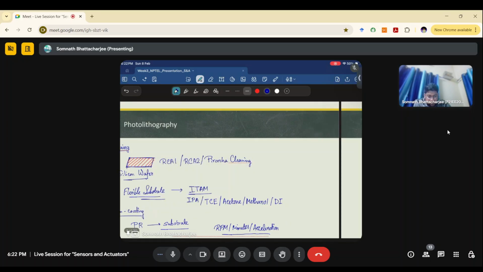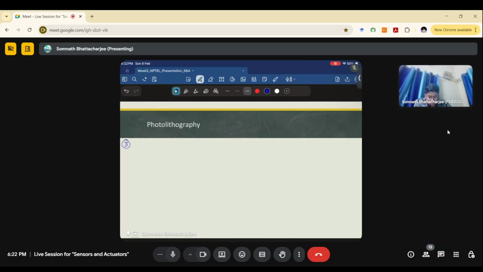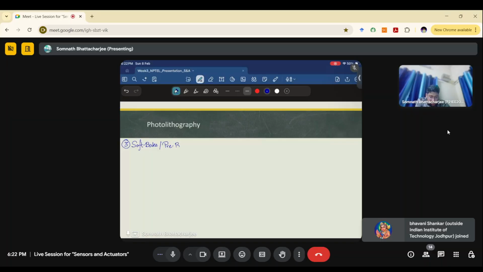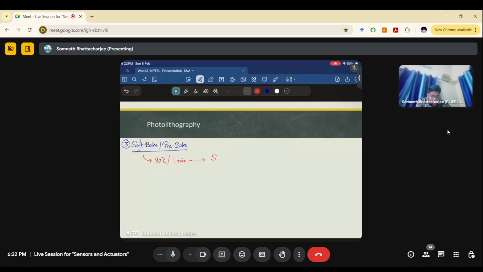Then after that, this is one of the unique stages, known as the soft bake stage, or pre-bake stage. So what does a soft bake mean? In soft bake, we usually give a very low temperature, let's say 90 degrees centigrade for about 1 minute, and we put the substrate directly onto a hot plate.